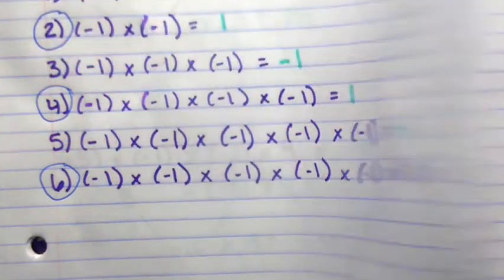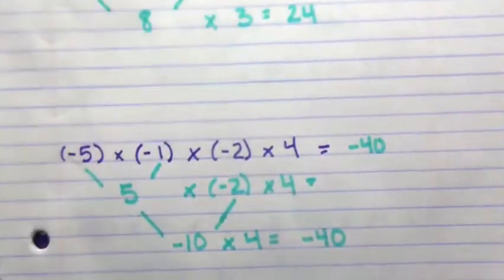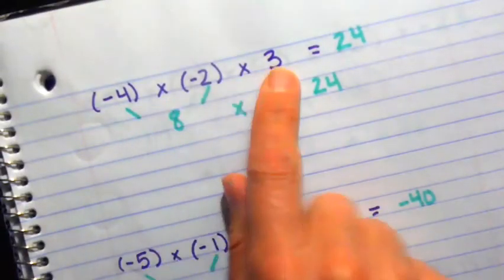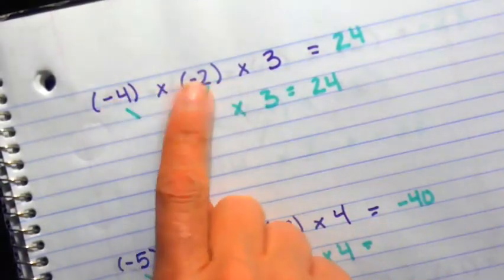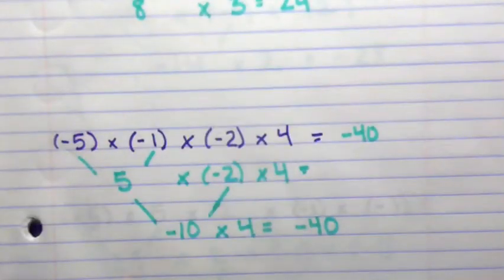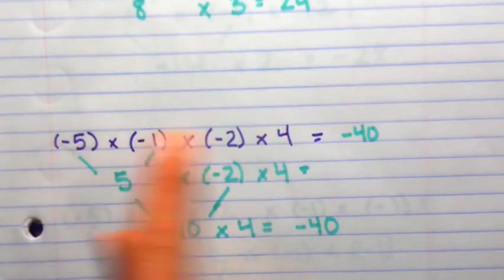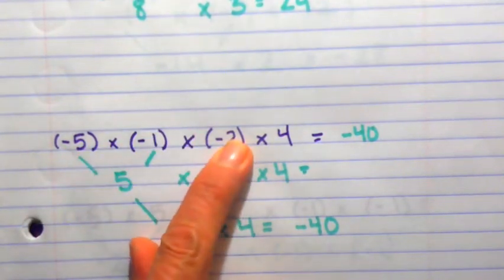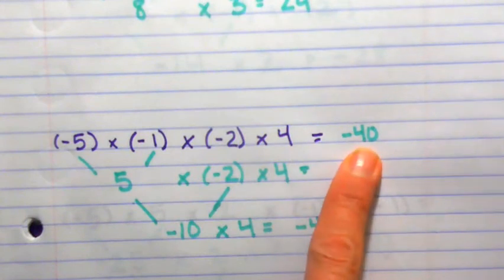So if I were doing some of these problems like we just did, I'm just going to look at, oh, I have 2 negative numbers. That means my answer is going to be positive because I have an even number of negative numbers. Let's see, let's count. 1, 2, 3. That's an odd number. That means my answer is going to be negative.